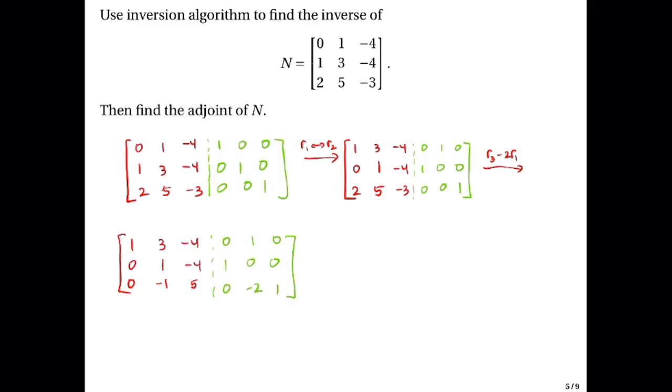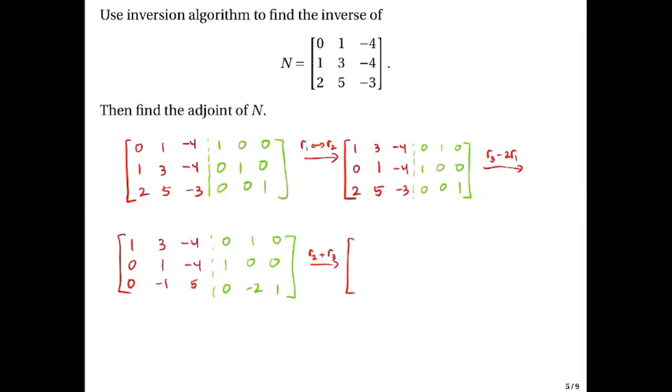Okay? So this guy here, what we can do is to add row 2 plus row 3. So row 2 plus row 3. And then we have here row 1 plus row 3.